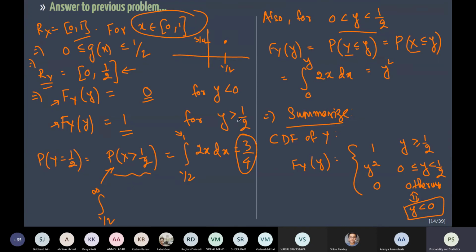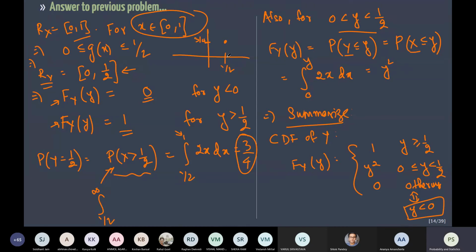Let's see, for y up to half, what is happening in the boundary case?